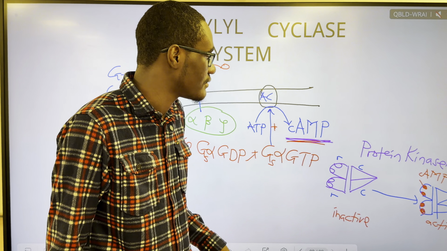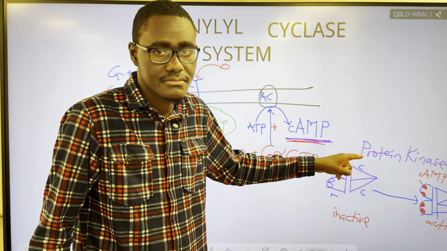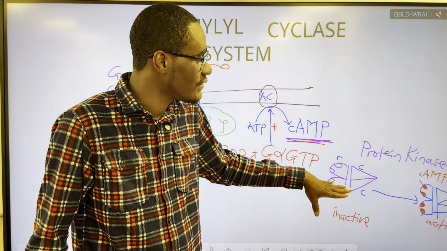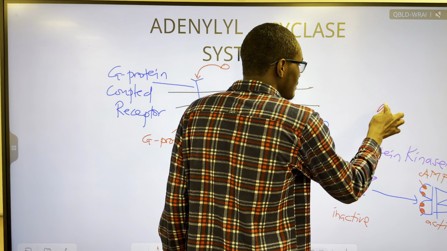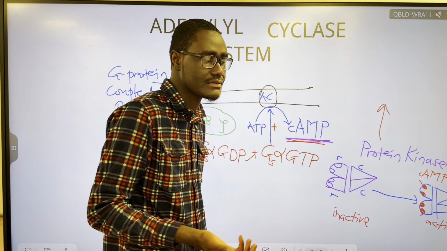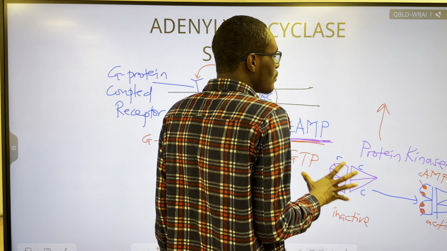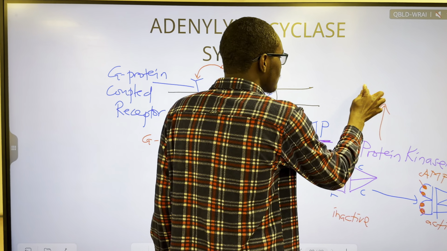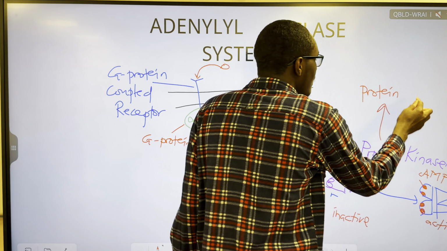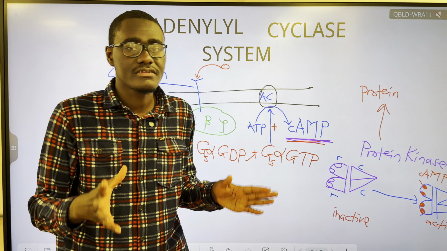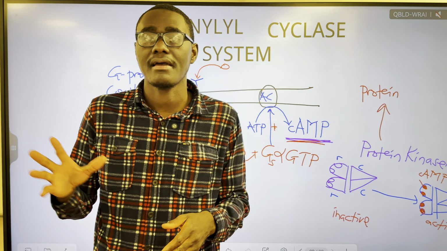Finally, the protein kinase A that has been activated is going to lead to protein phosphorylation. You are going to have a protein being phosphorylated. But remember, proteins are made up of amino acids.